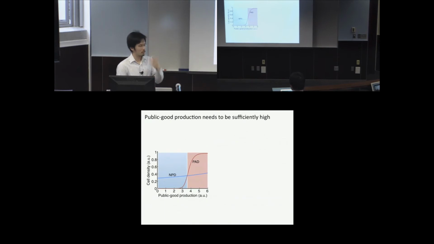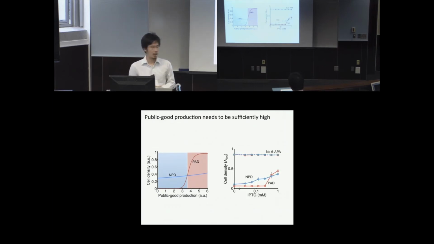The modeling suggests, and very intuitively, that you have to have high enough public good production so that the PAT strategy, or death strategy, becomes overall beneficial. So there's a critical threshold here, and experimentally, that's what I observed.